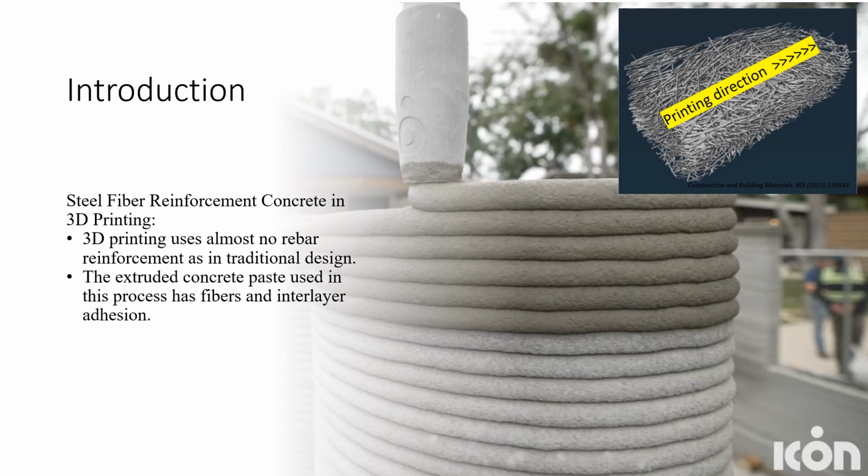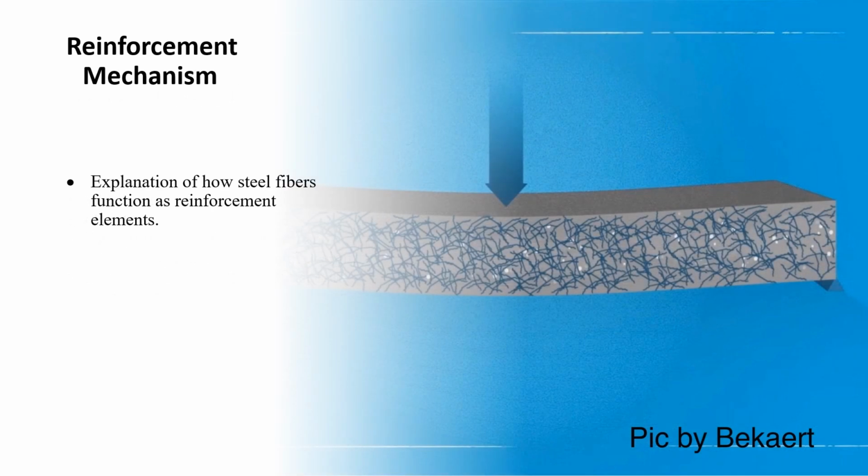In the upper right, you see an example of the pattern of the steel fibers inside a sample of poured 3D printing concrete. Steel fibers reinforce concrete by enhancing its tensile strength.